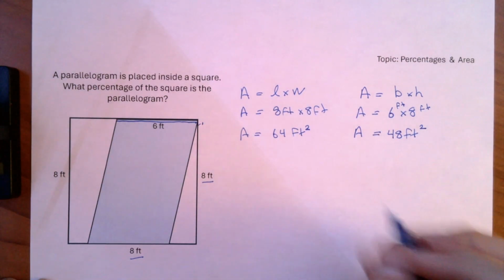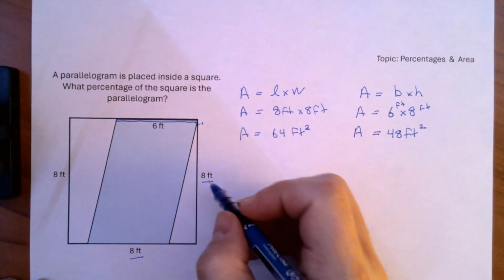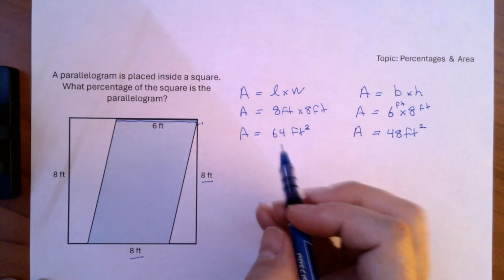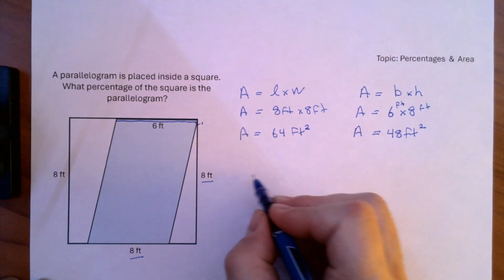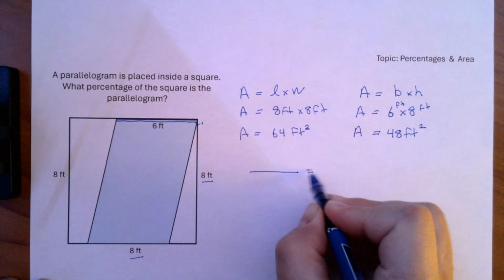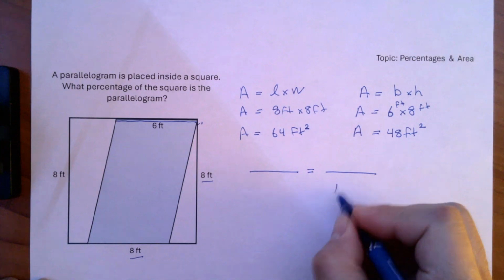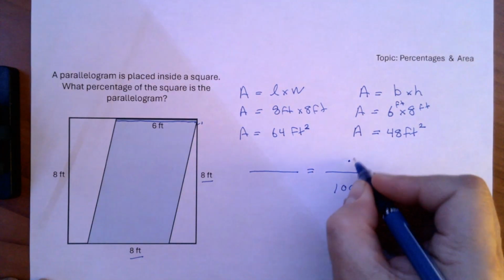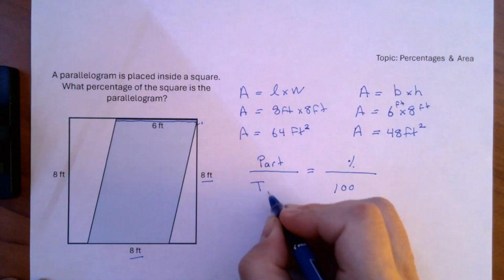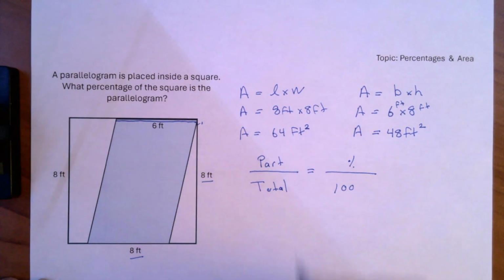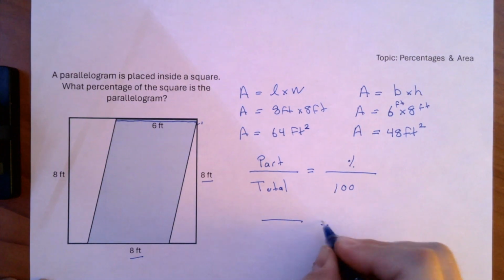All right, so we found the area of the square, and we found the area of the parallelogram. Now we want to know what percentage of the square is made up by the parallelogram. For that, we're going to use the percent proportion. I'm going to plug in the values.